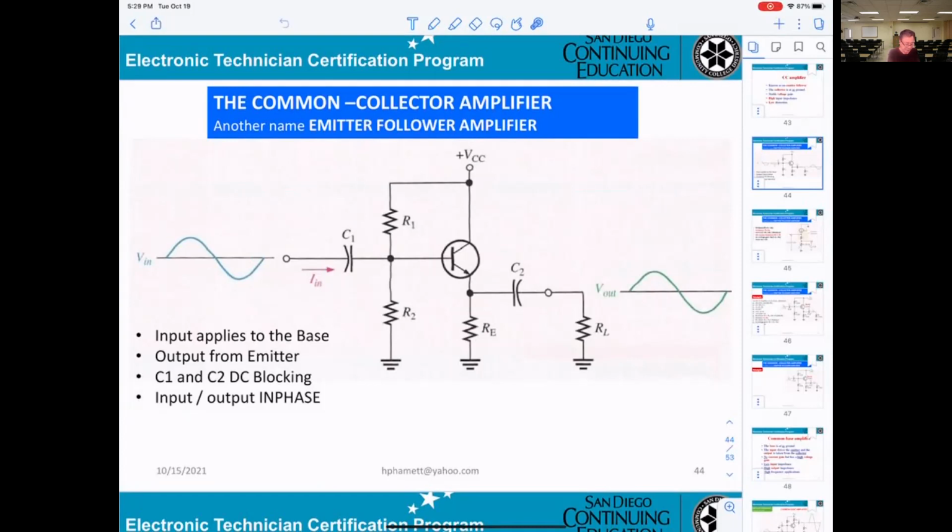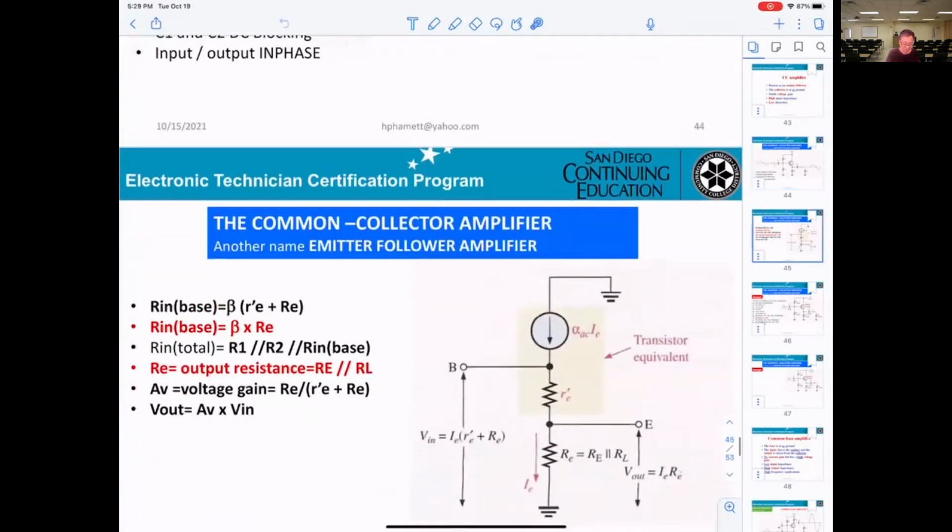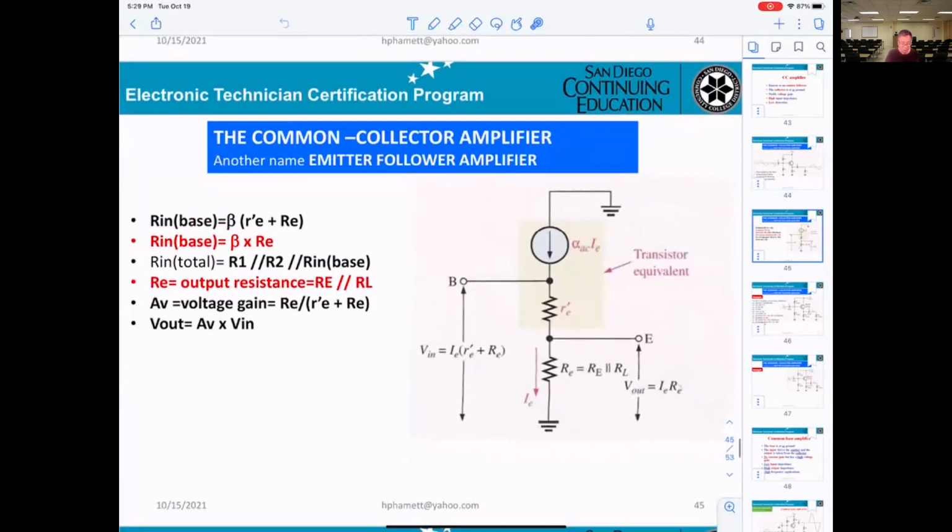And they're also telling you input and output are in phase. That's the only thing a technician needs to know. Normally they don't go into the detailed calculation.